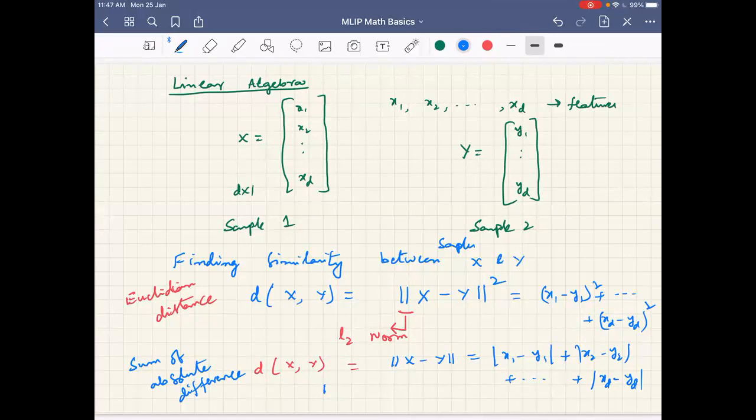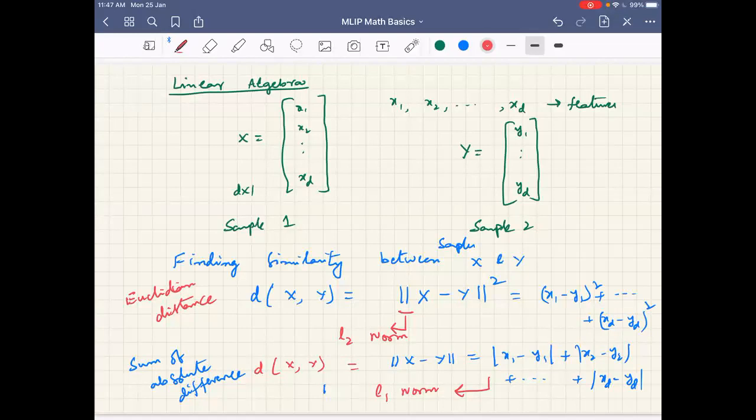We'll move on. So this is now L1, the mean absolute difference. If I divide by the total number of features here, then I will say mean. Otherwise, it is just a sum of absolute differences of features.